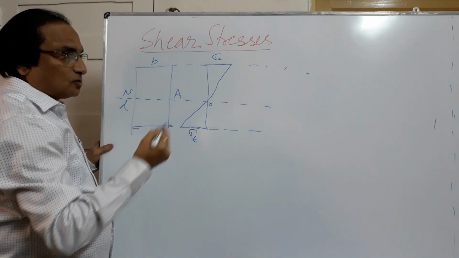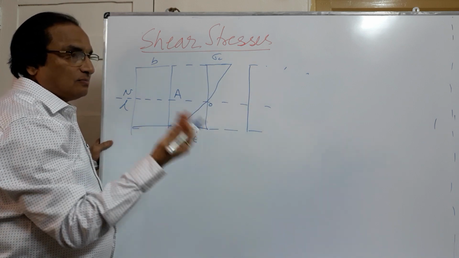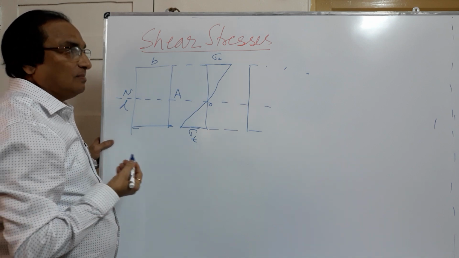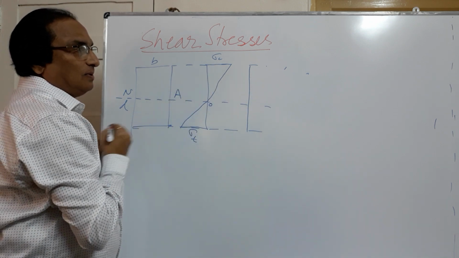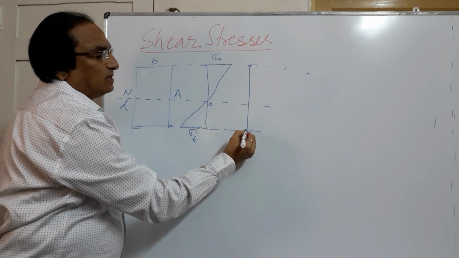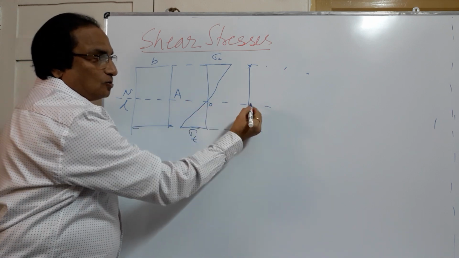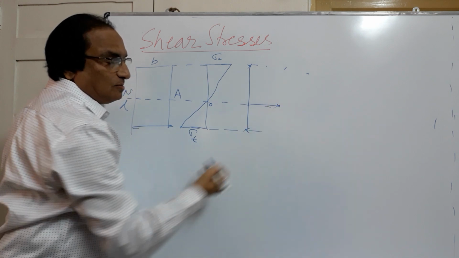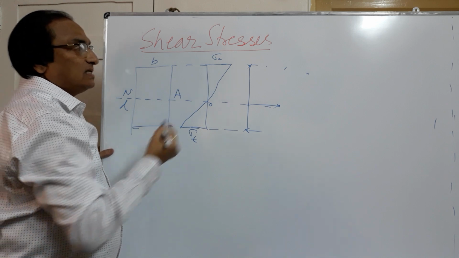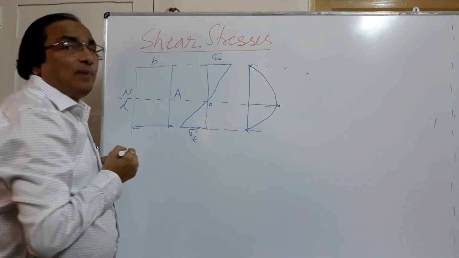If I join these two, we see that at the neutral axis bending stresses are 0, maximum at the top and bottom. Where bending moment is 0, shear force is maximum. Here the bending stresses are maximum, so shear stress will be 0, whereas bending stresses are 0 at the neutral axis, so we expect the shear stress to be maximum there. In the bending stress diagram the distribution is a straight line, while in the shear stress diagram the distribution is parabolic.